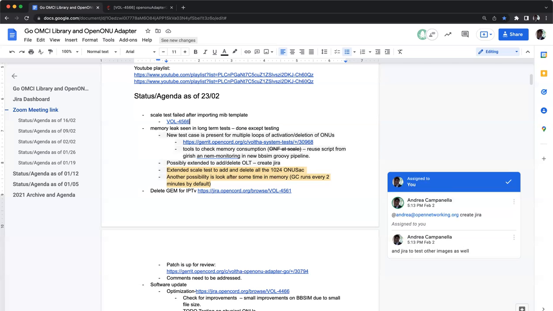It seems that the mass of simultaneous requests overwhelms the BB-SIM. Probably the BB-SIM has to maintain its internal data structure to deactivate or lock all the UNI ports, and probably something gets stuck here.